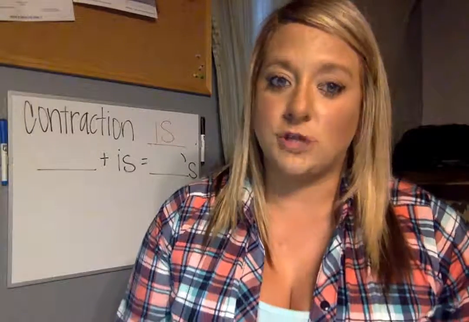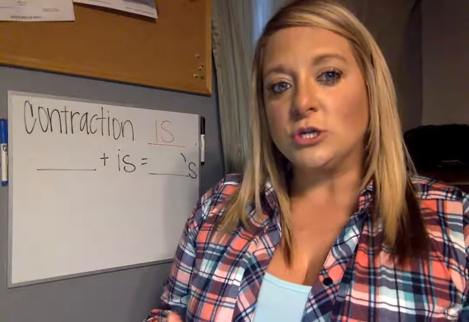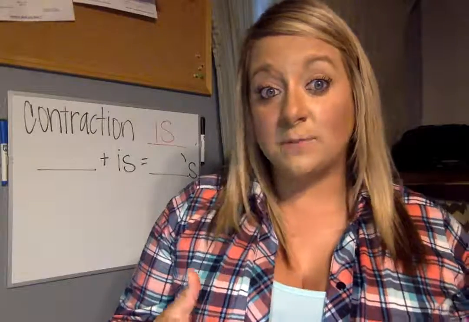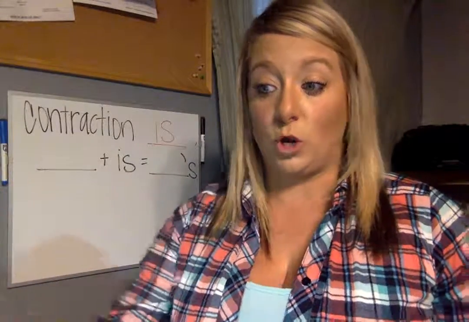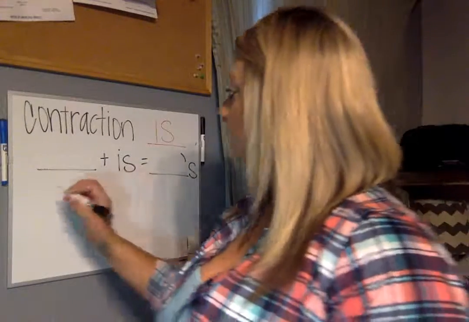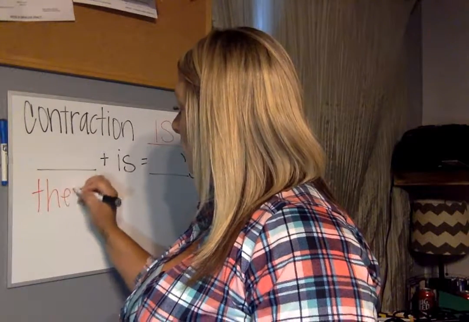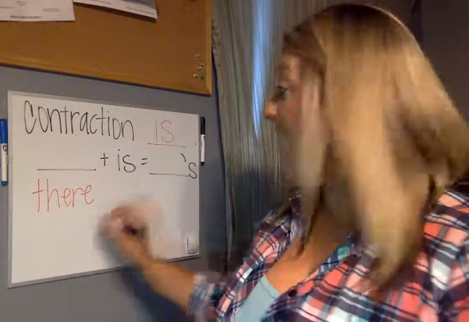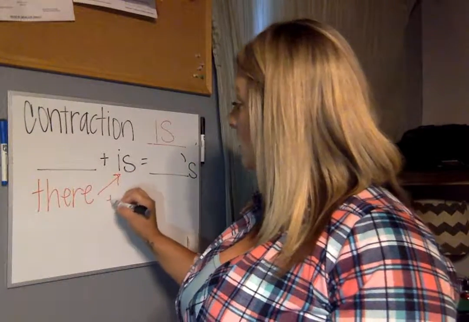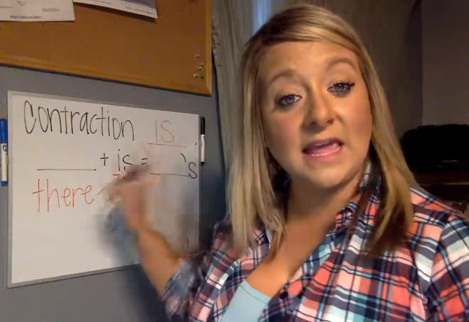How do you write a contraction? Contractions are where you have two words, like I've stated before. In this example, we are going to use the word there. There is one of my words, and I'm adding it to the word is.